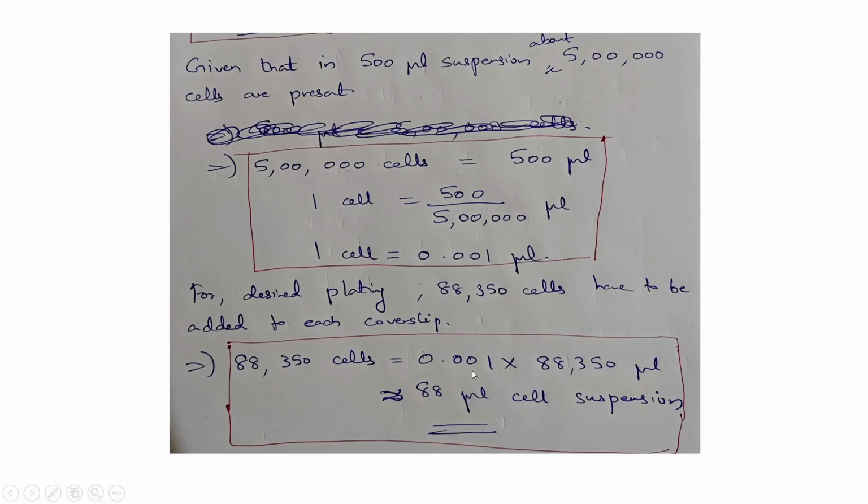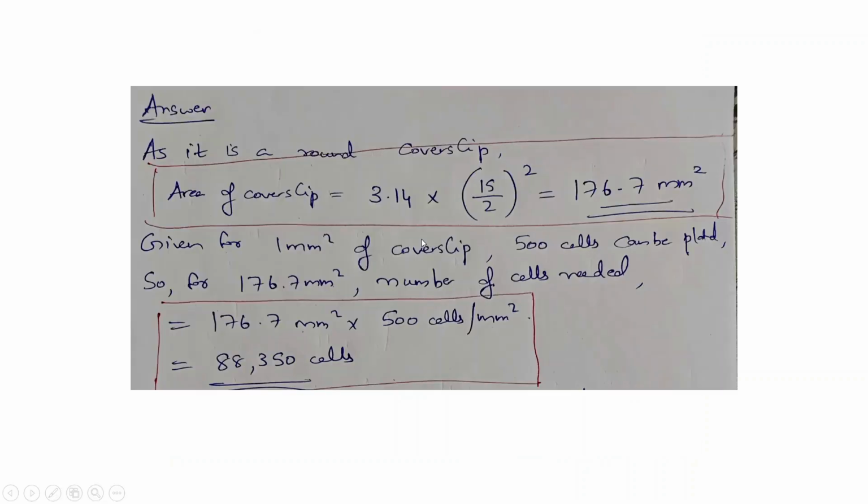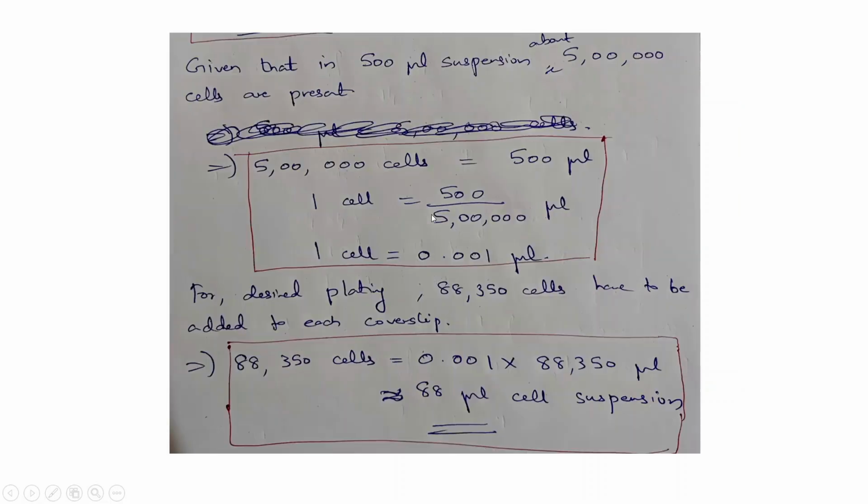From this suspension, you have to take about 88 microliter so that the whole cover slip can be spotted with that 500 cells per millimeter square density. So that gives you the answer of 88 microliter.